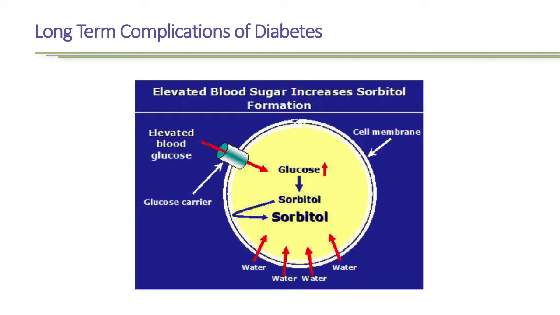And the mantra of the body is, the solution to pollution is dilution. So you have this incredibly high concentration of sorbitol intracellularly, and you have an influx of water intracellularly to try to decrease the concentration. In doing so, you destroy some of the cell membrane.